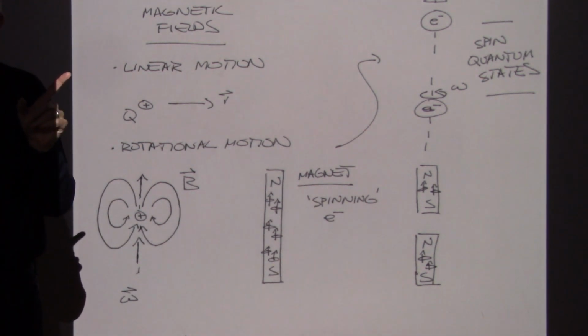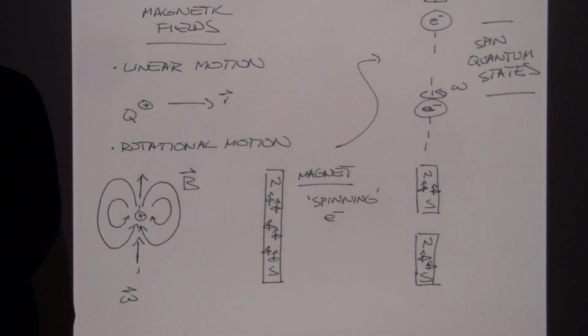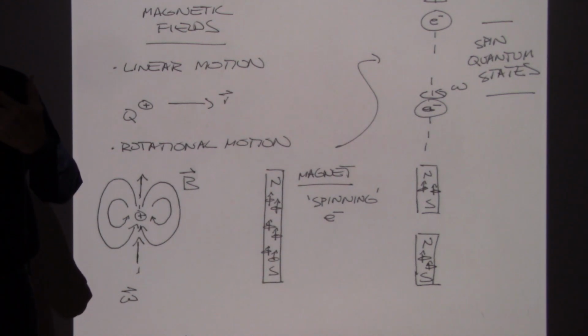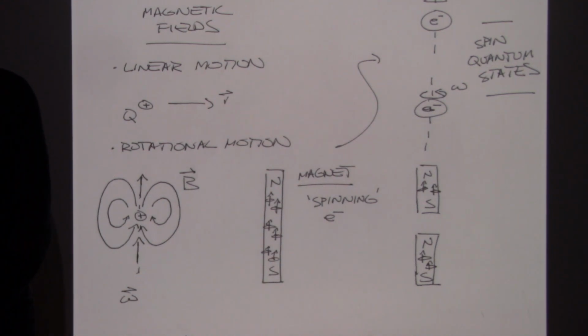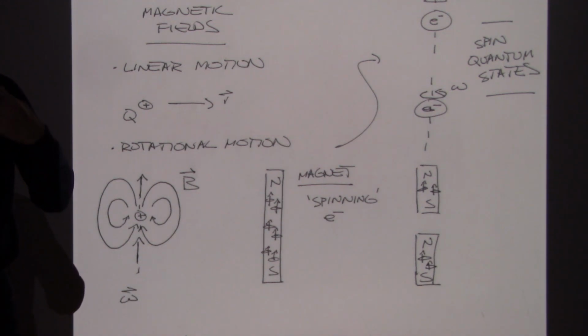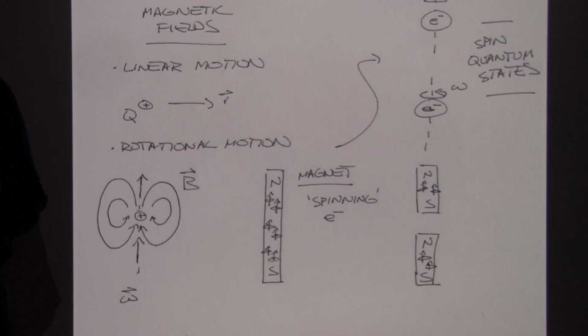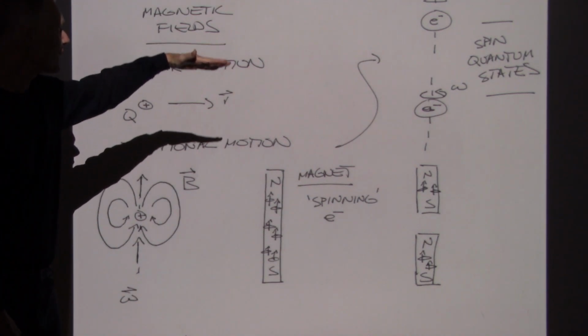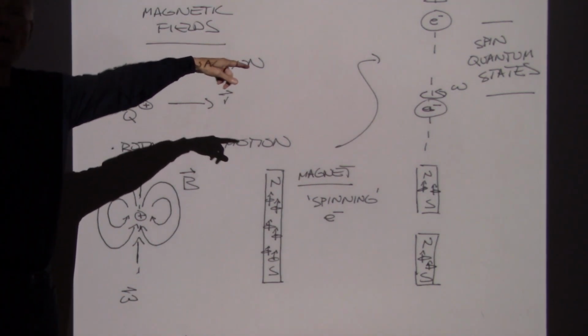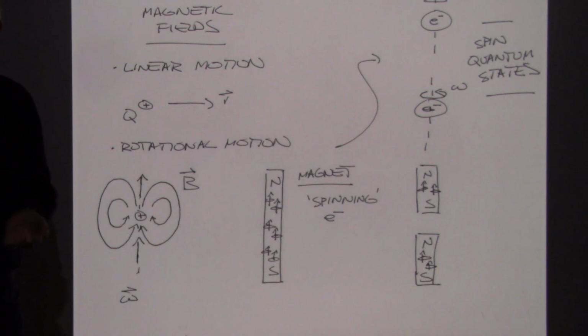And then as those electrons flip back, we can see how they're either absorbing or radiating radio energy photons. Okay, so being able to play around with magnetic fields allows us to move electrons into different energy states, different quantum states, based on their spin.